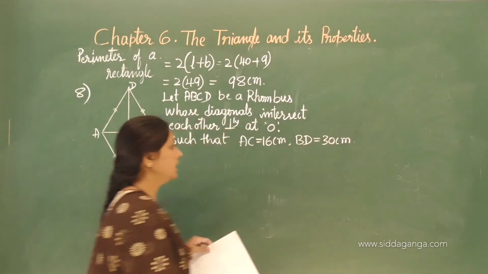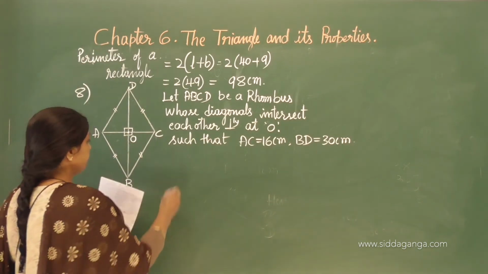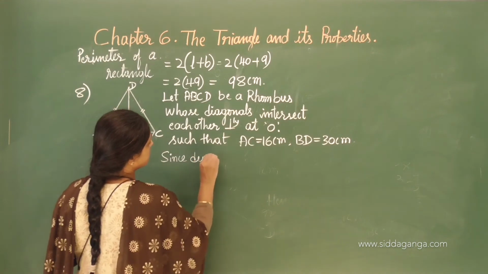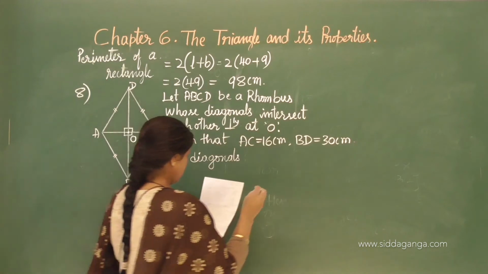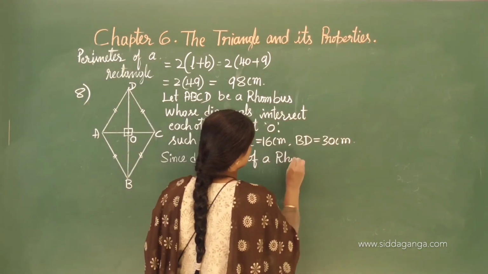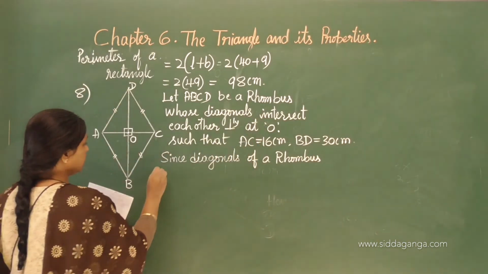So these are the diagonals, they met perpendicularly each other. Since diagonals of a rhombus bisect each other.